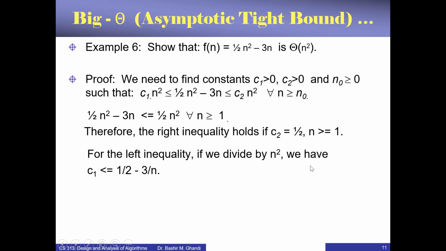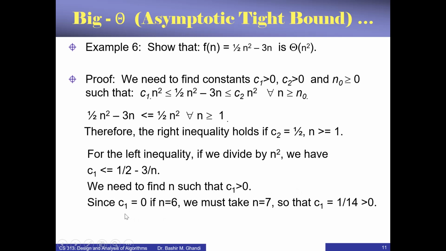So this is why we're trying to be careful here. You have to find which value of n will allow you to have a positive c. So we need to find an n such that c1 is greater or equal to 0.